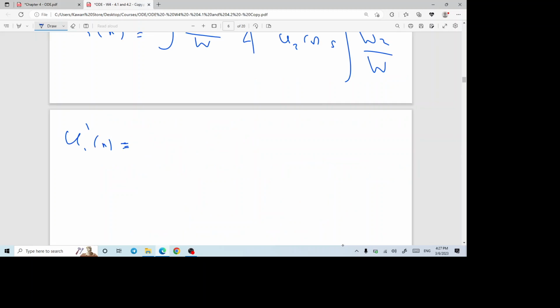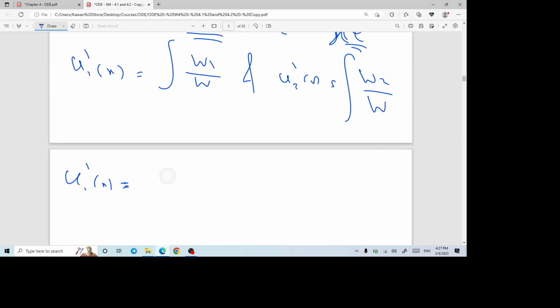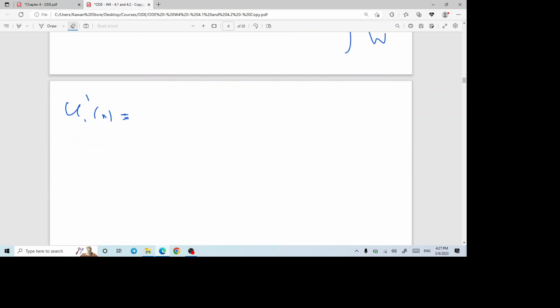Sorry, what was the W1? W1 is minus x plus 1 to the power 4. Minus x plus 1. How about W? Do not multiply, do not do anything. Just be patient till the end.